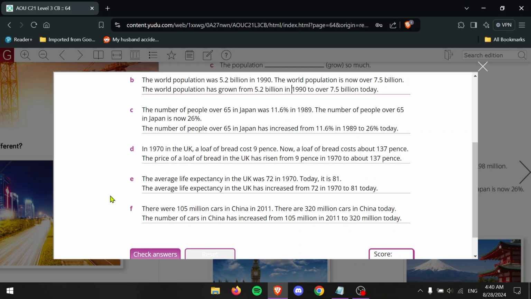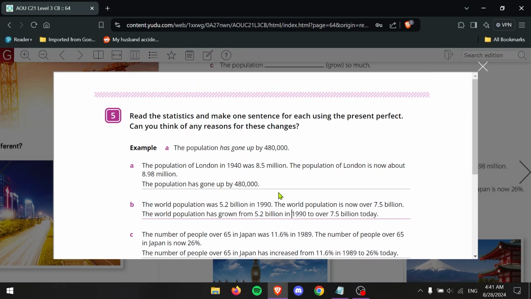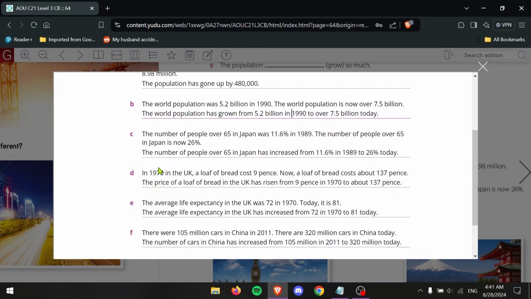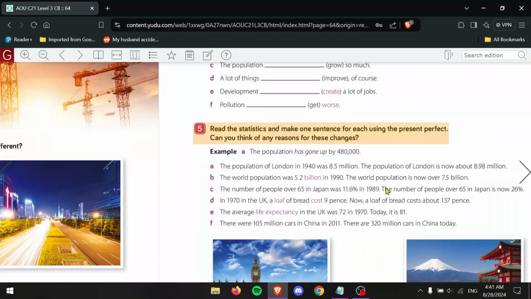Okay, the average life expectancy in the UK has increased from 72 in 1970 to 81 today. And finally, the number of cars in China has increased from 105 million in 2011 to 320 million today. All right, so these were some of the changes that we made using the present perfect. This was exercise 5.